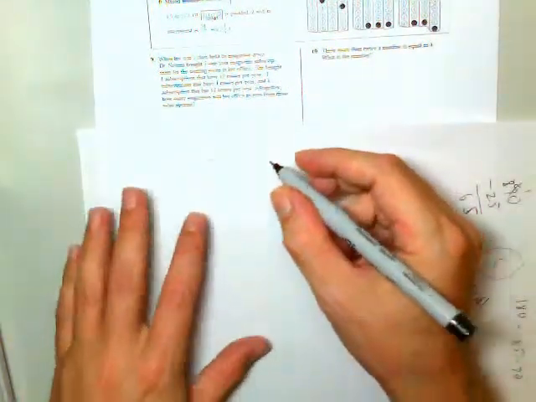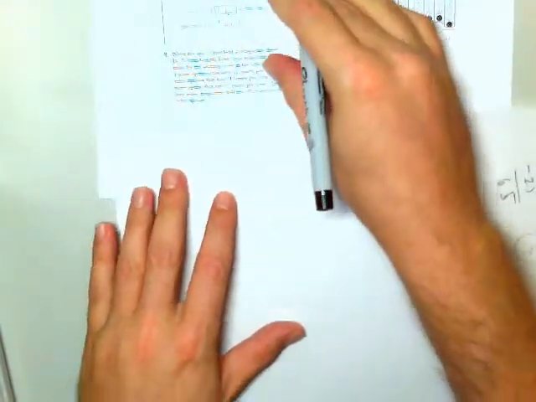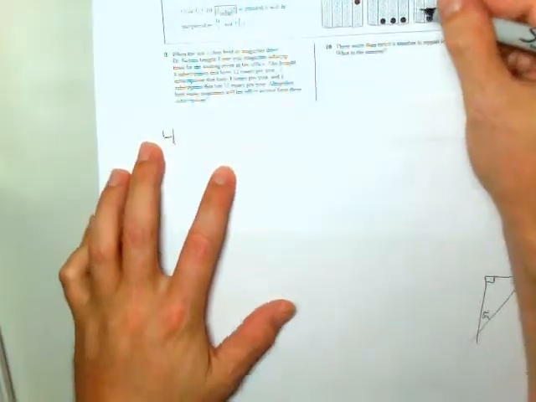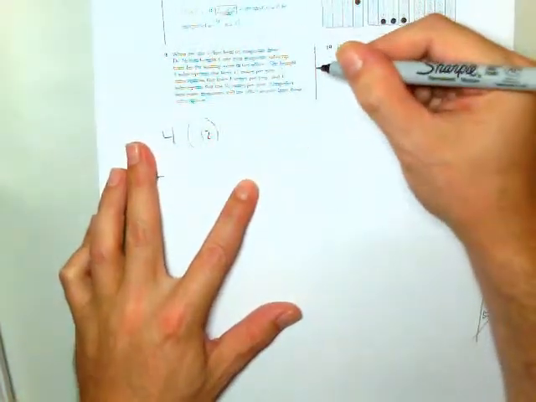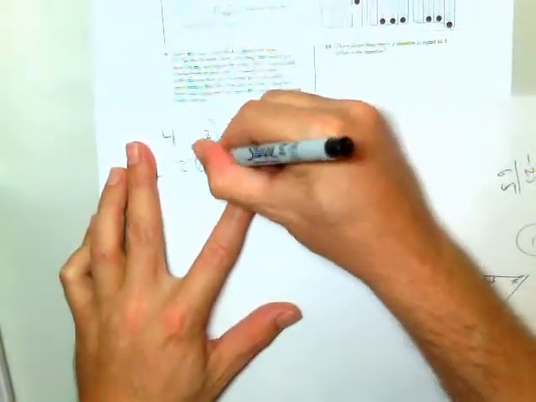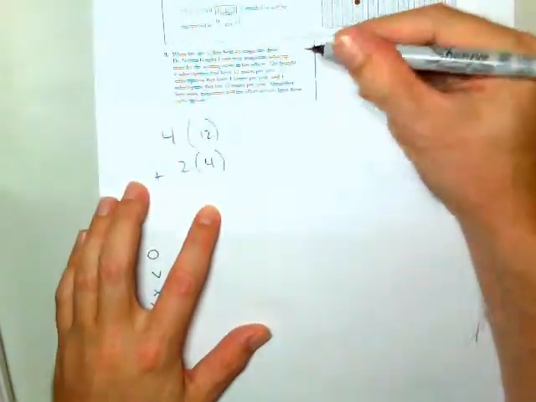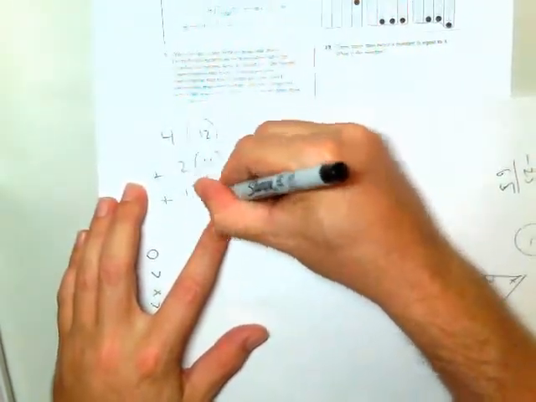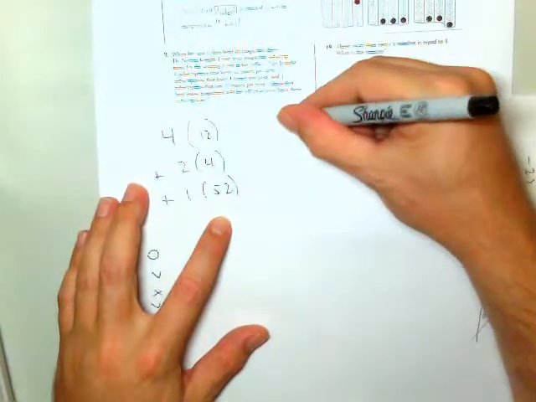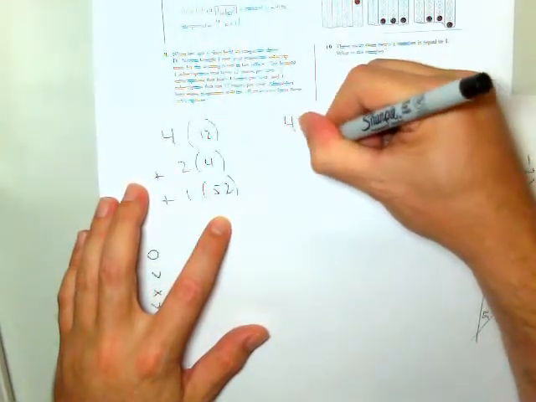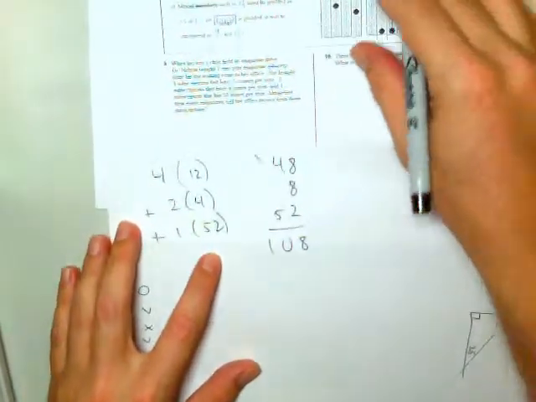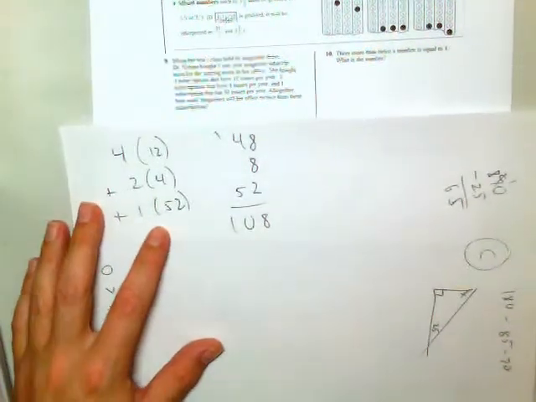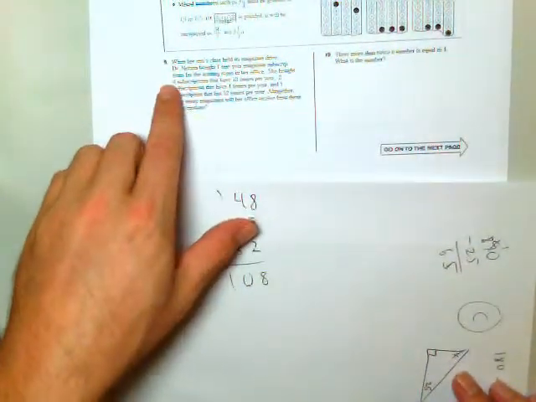Alright. 4 that have 12 issues per year, 4 times 12. 2 that have 4, and 1 that has 52. I'm getting 108. All I do is multiply the number of subscriptions times the number of issues for each subscription.